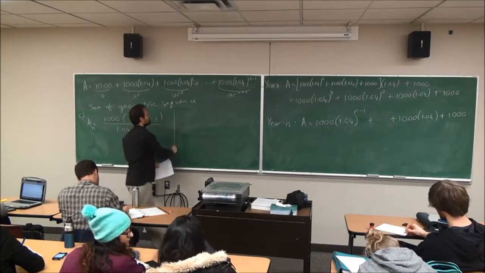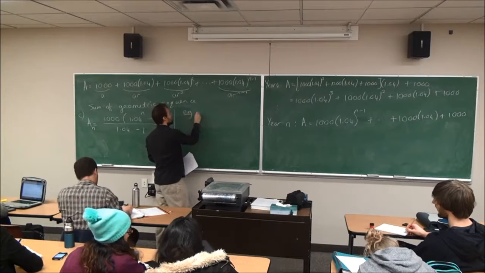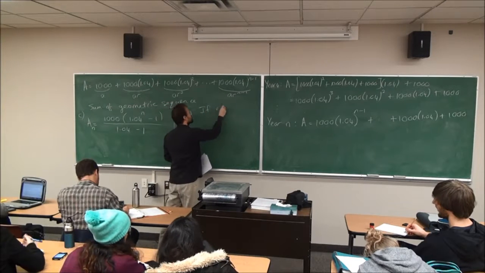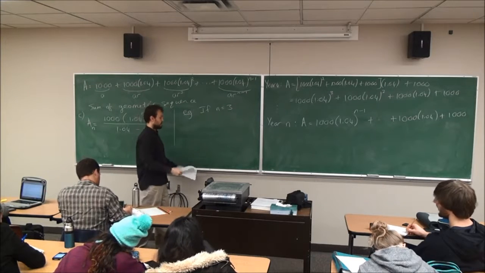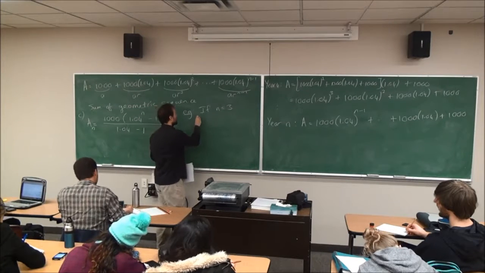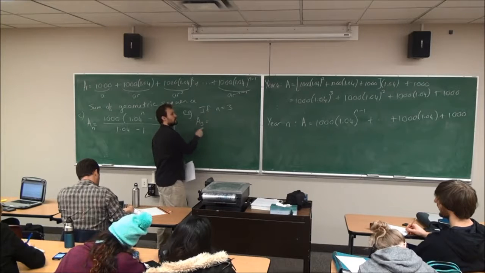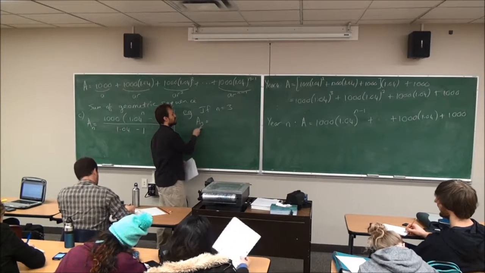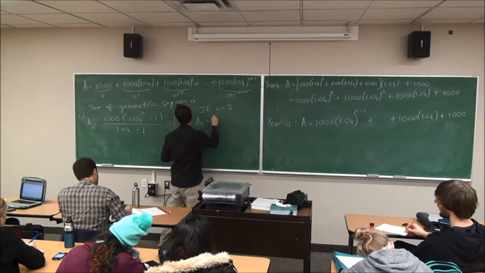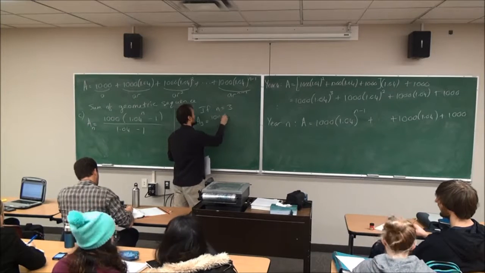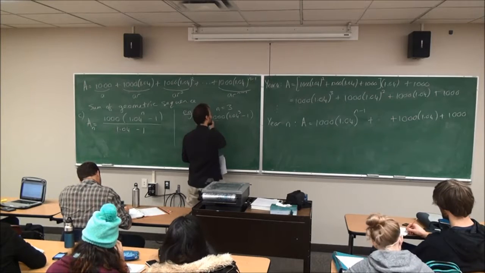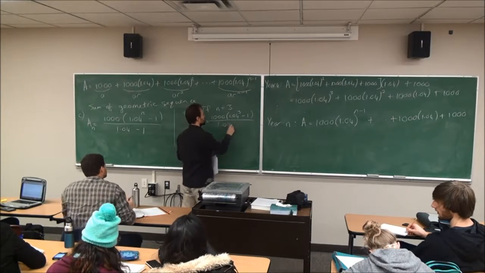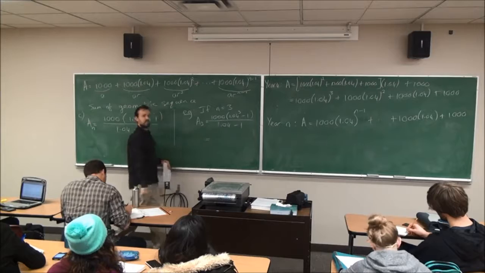So for example, if n is equal to 3, we got that answer in part A. My total amount of money at the end of 3 years, let's see if I get the same amount. 1,000 times 1.04 cubed minus 1 over 1.04 minus 1. Do I get the same amount?